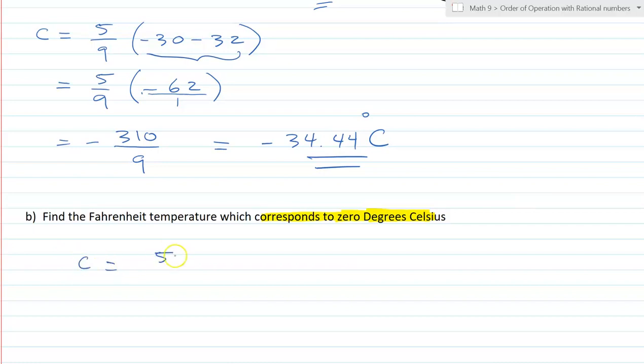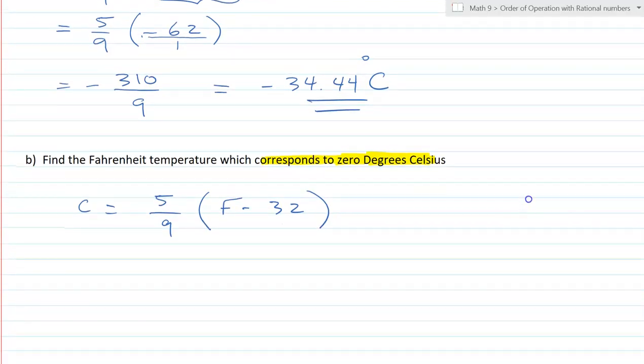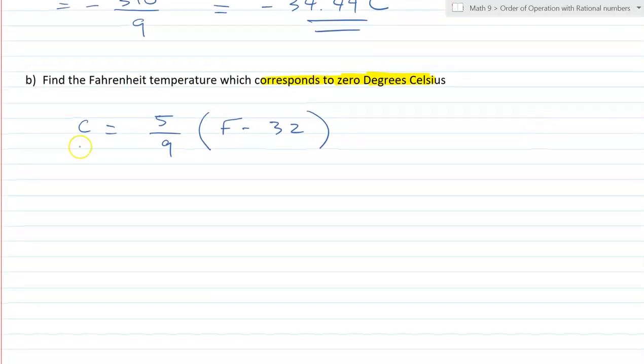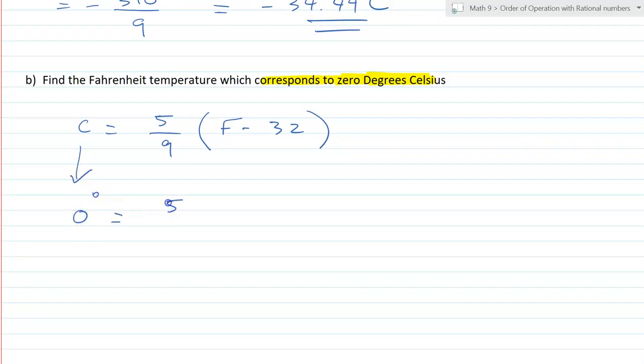C equals 5 over 9 again, times F minus 32, but this time we want to have Celsius be 0. So this is now 0 degrees. We want to know what should be the Fahrenheit temperature that makes the right side of this equation 0.